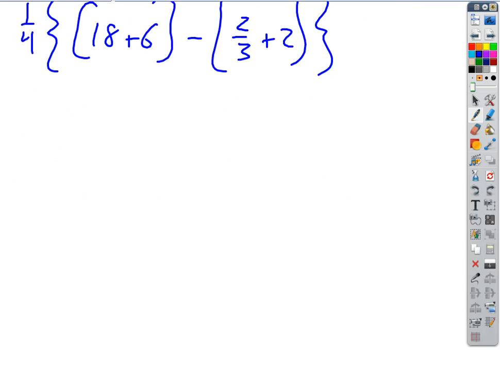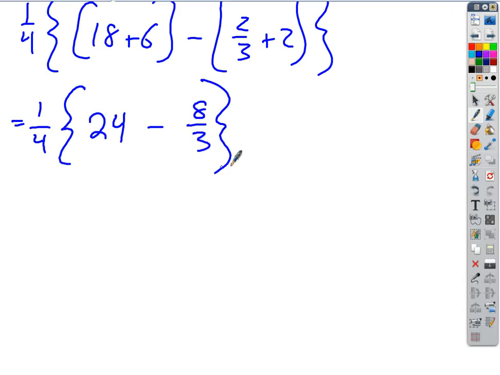So 18 plus 6 is 24 minus, what is that, 8/3? 24 is 72/3. 72/3 minus 8/3 would be 64/3.